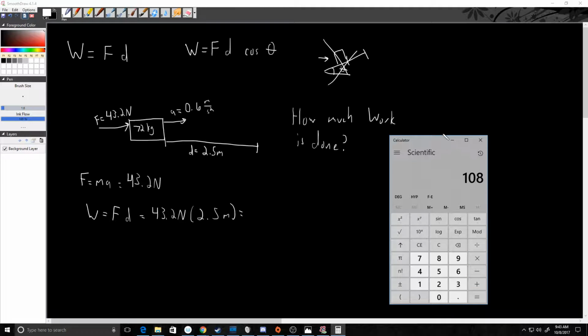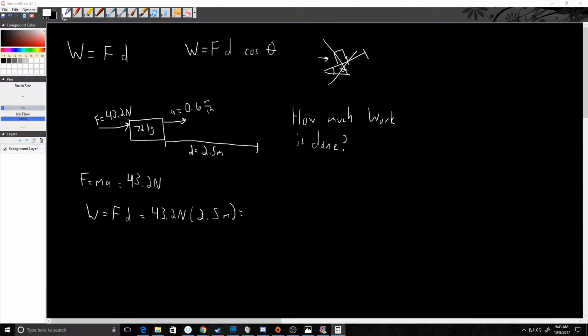It looks like I did 108 units of work. Now, I said energy and work are the same thing. We haven't talked about energy yet. Really, the common unit they came up with for work was the joule. 108 joules of work. Typically, that's how you're always going to see it.